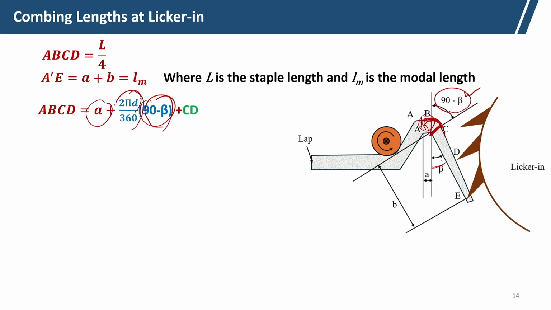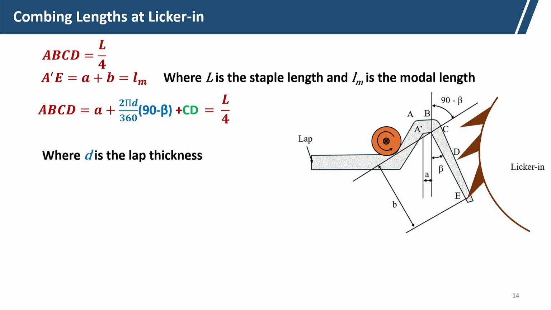So, 2 pi d by 360 multiplied by theta, 90 minus beta, gives this arc length. Then CD is this distance, which is nothing but L by 4, where d is the lap thickness, and beta we can find from this equation.